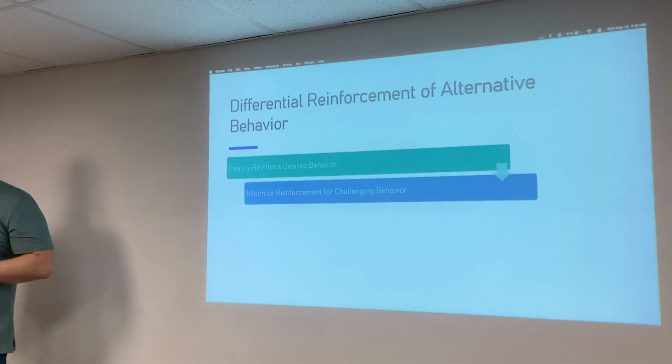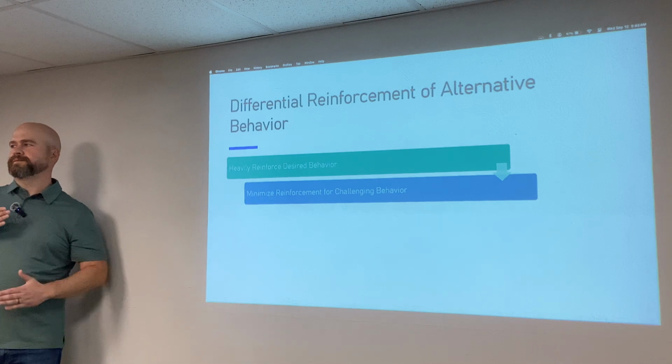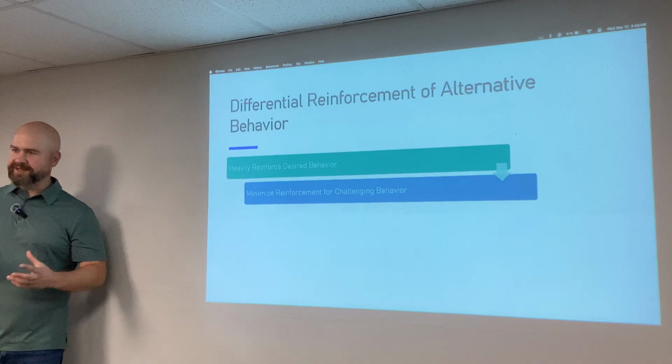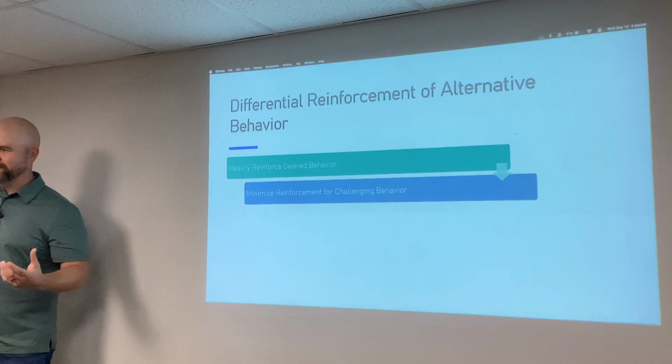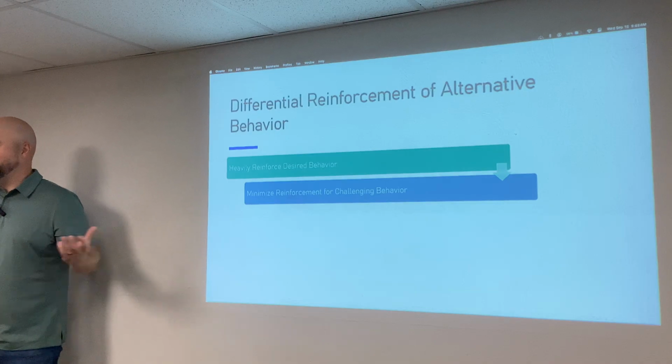So why are we reinforcing problem behaviors? Why do you guys think? Are we going to avoid all those unwanted side effects of extinction and punishment if we just use reinforcement? Yes or no? Yes, we will, because we're not using extinction.